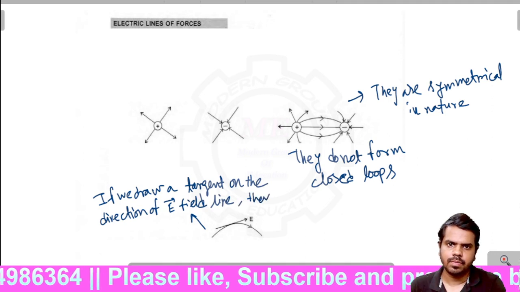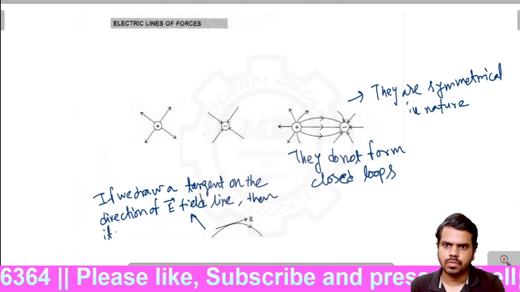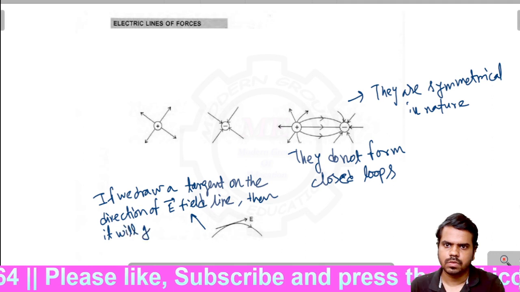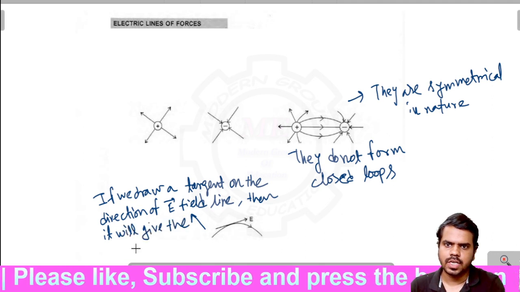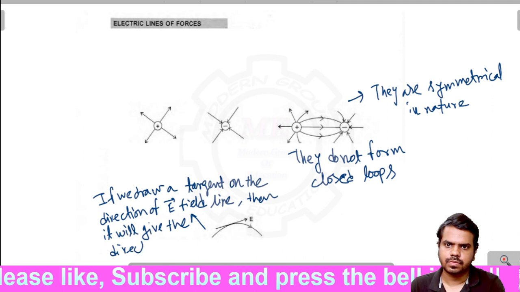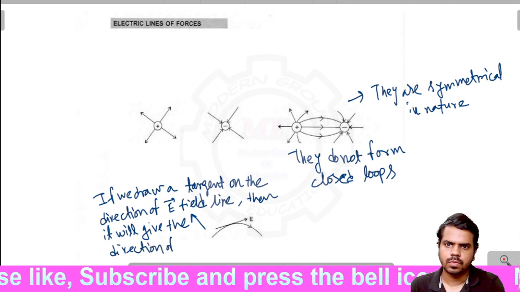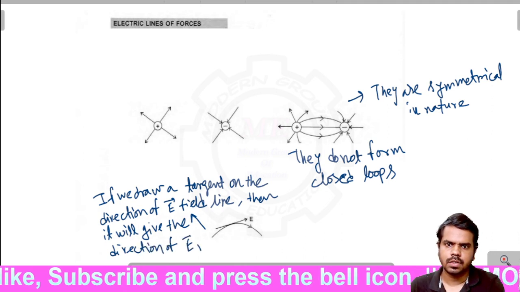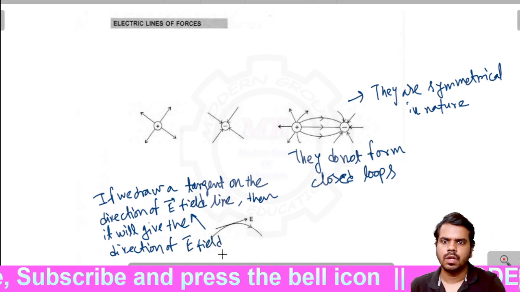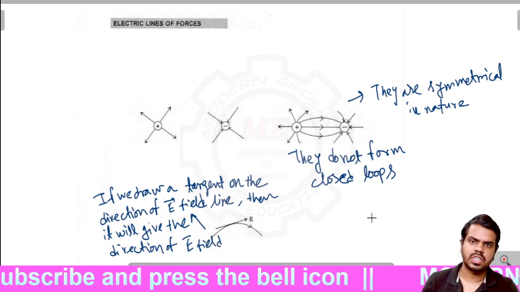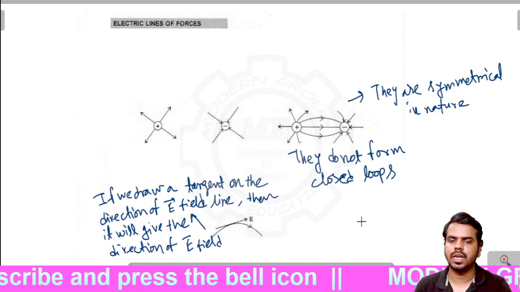This is a very important topic. That means electric fields are always tangential to the direction of electric field lines.